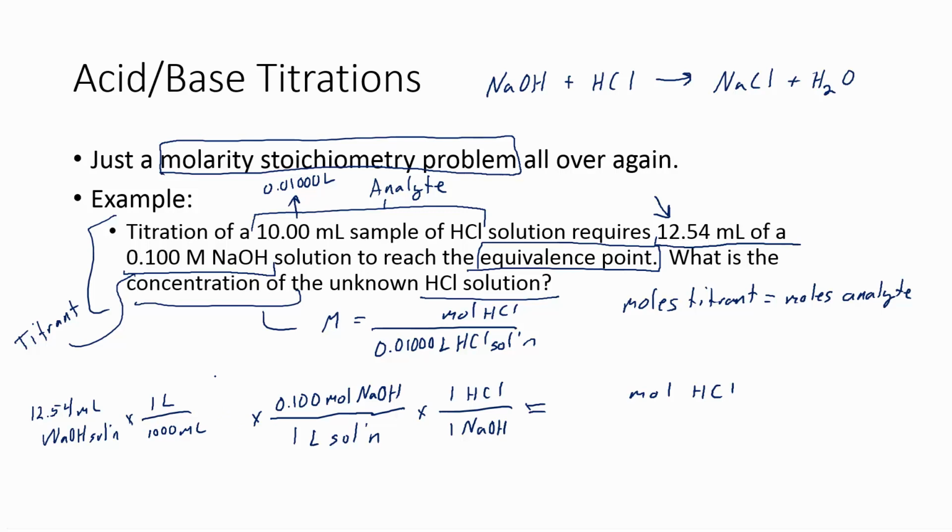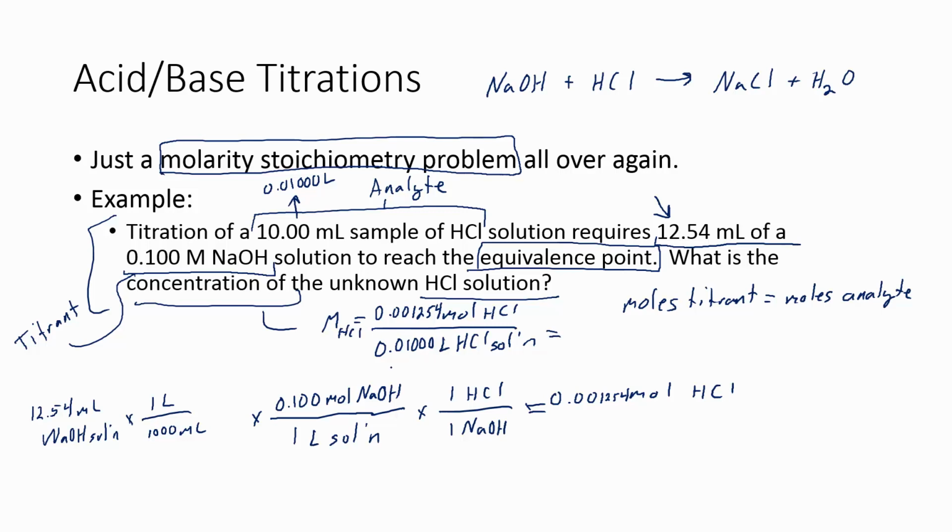So 12.54 divided by 1,000 times 0.1 gives us, not surprisingly, 0.001254 moles of hydrochloric acid. So that's it. That's the only information we needed to complete this problem and find the molarity of the hydrochloric acid.